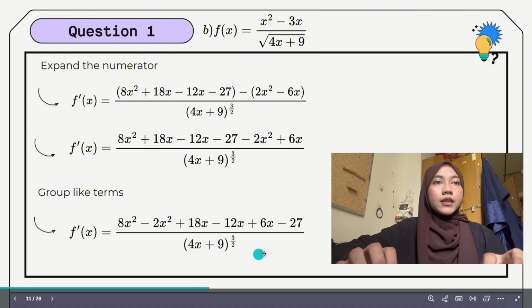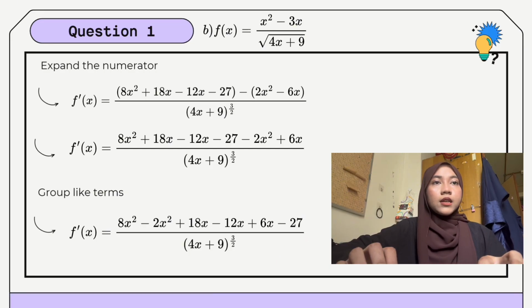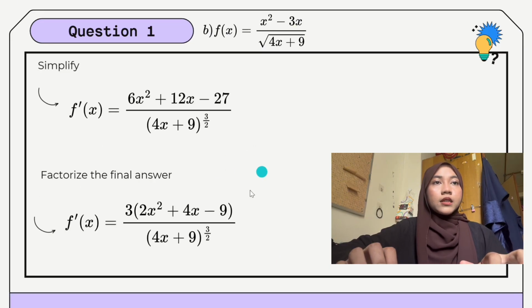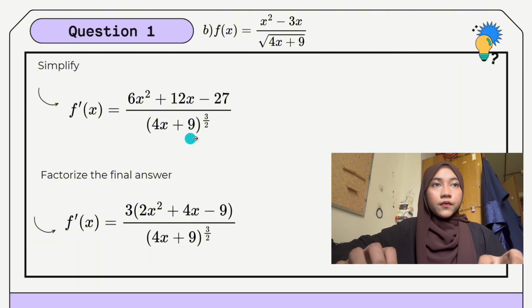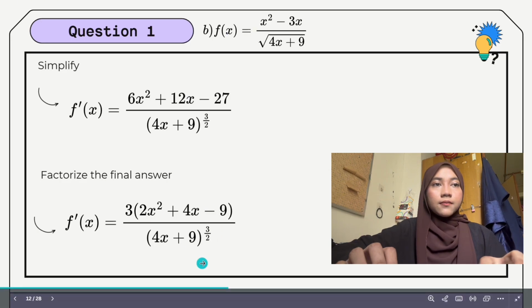And we group like terms, and then we simplify it, f prime is 6x squared plus 12x minus 27 all over 4x plus 9 to the power of 3 over 2, and factorize the final answer. It will be like this.